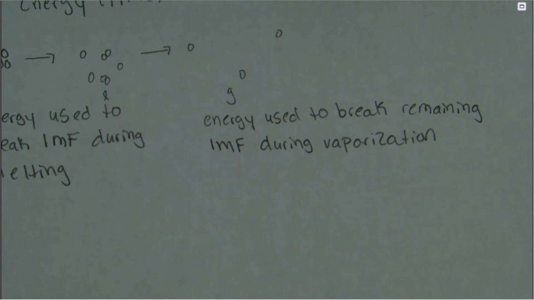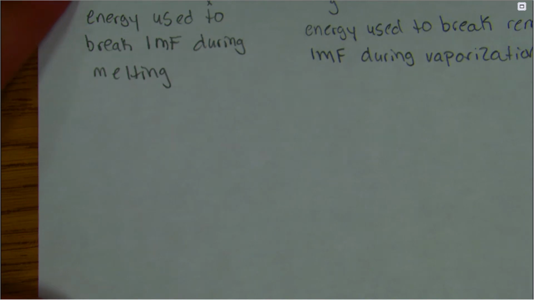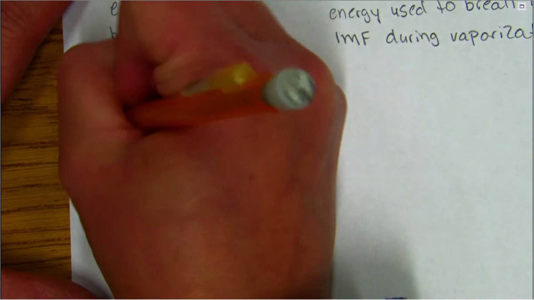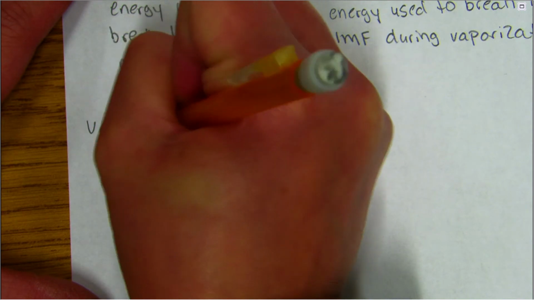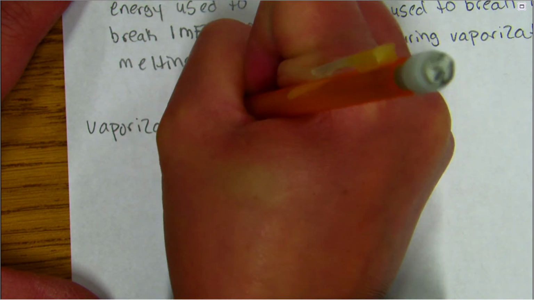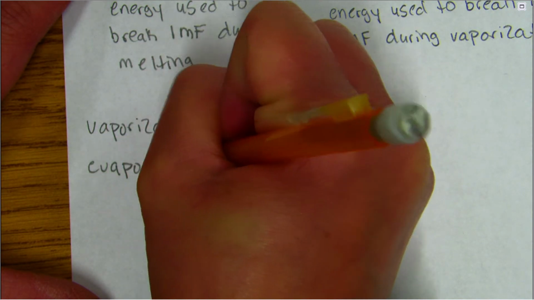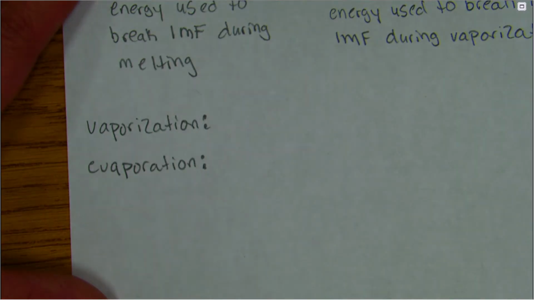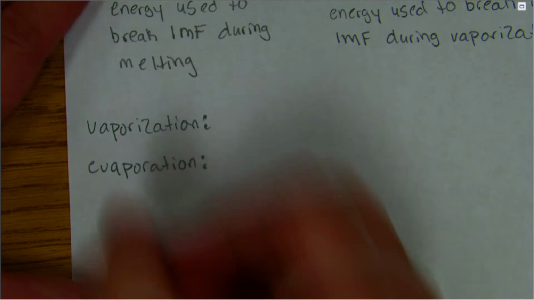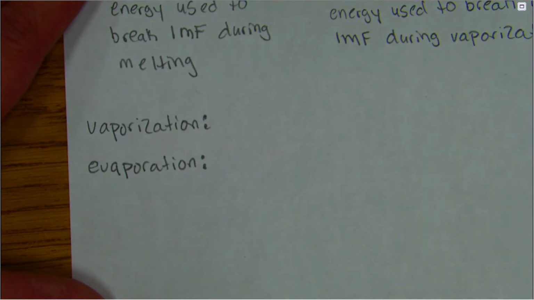So let's talk real quickly about two vocabulary terms that tend to trick students up. Vaporization and evaporation. All right, so at this point, you may have had science teachers who use these two words interchangeably, but the reality is we're doing you a disservice.